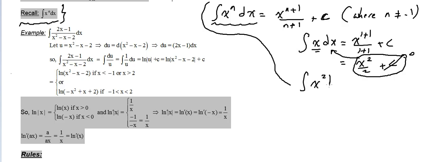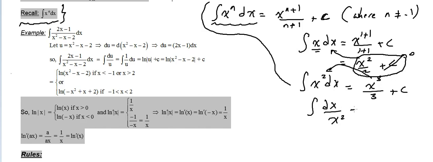The integral of x squared dx is also equal to x to the power 2 plus 1, which is 3, over 2 plus 1, plus c. If we differentiate this, we get x squared. The integral of dx over x squared is the same as the integral of x to the power minus 2 dx. So it's equal to x to the power minus 2 plus 1 over minus 2 plus 1, plus c.